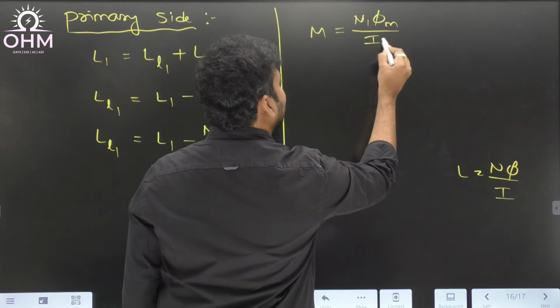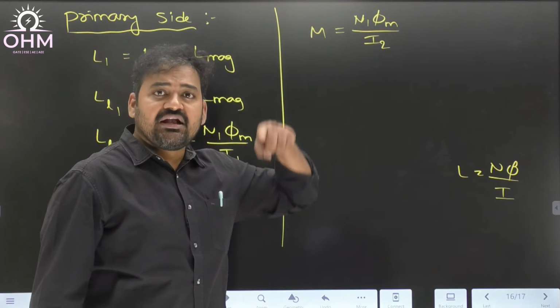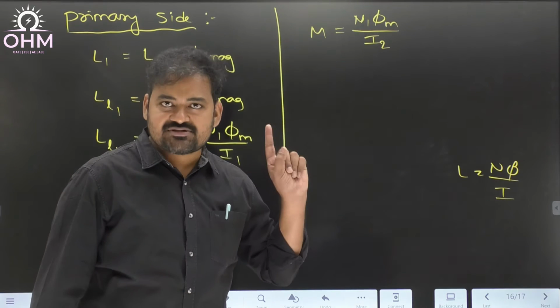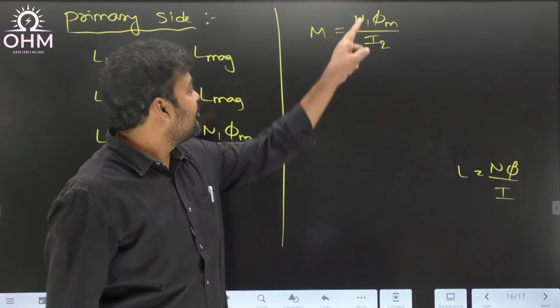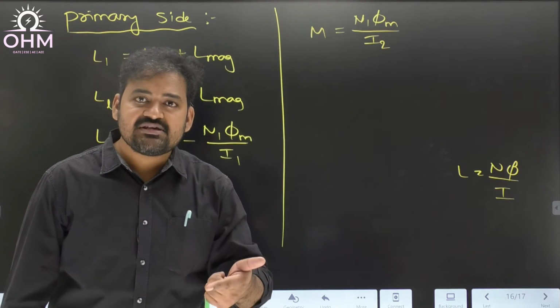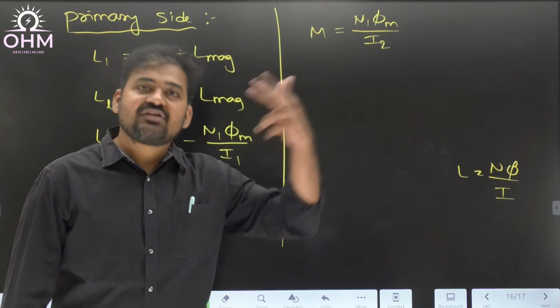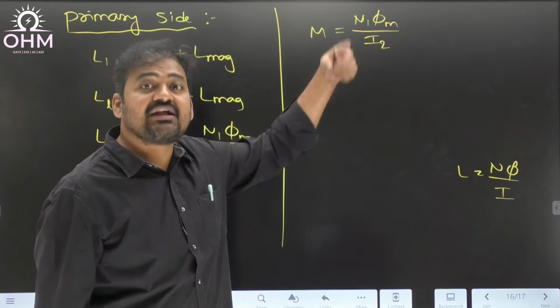So I have to use I2 here. You understand? That is the difference between magnetizing inductance and mutual inductance, guys. Magnetizing inductance is a self-inductance, therefore primary number of turns, primary current. But mutual inductance is due to the other winding current: primary number of turns, but the current is the secondary current.